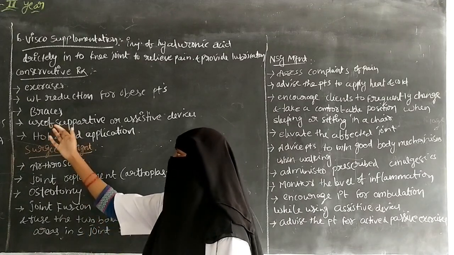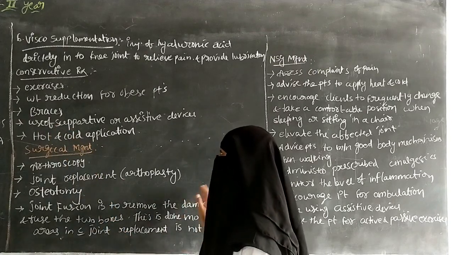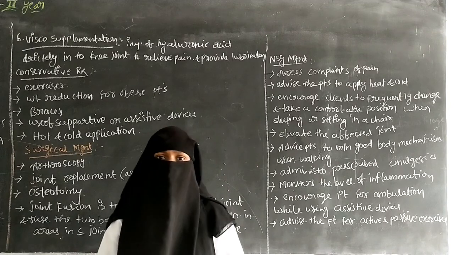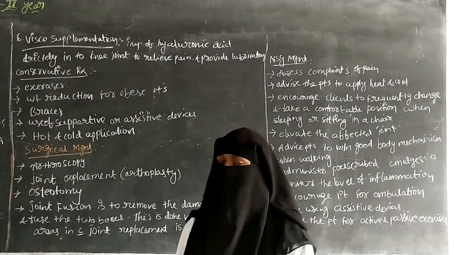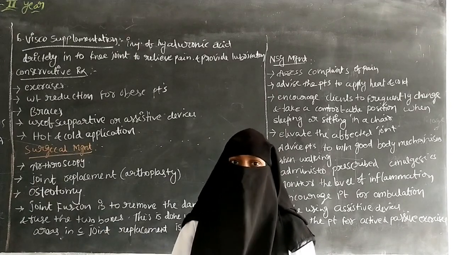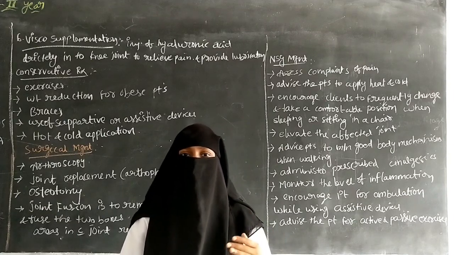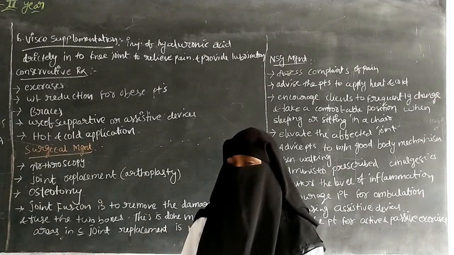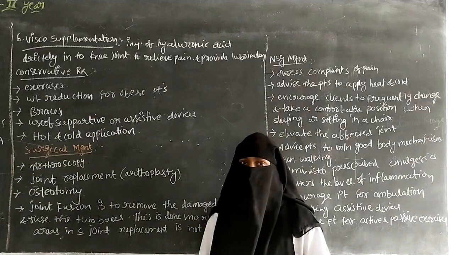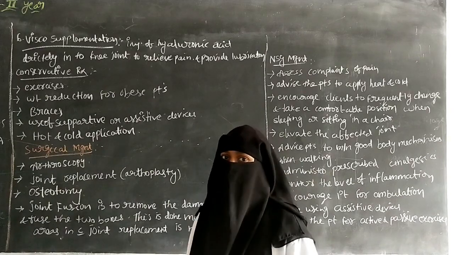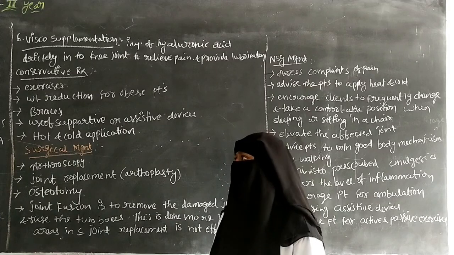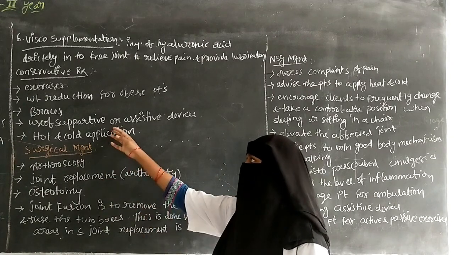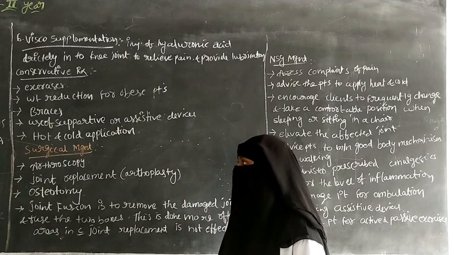Then there is the use of supportive or assistive devices like walkers and wheelchairs, by which we can reduce the pressure over the affected joint or knee. By this we can reduce osteoarthritis by using supportive and assistive devices.